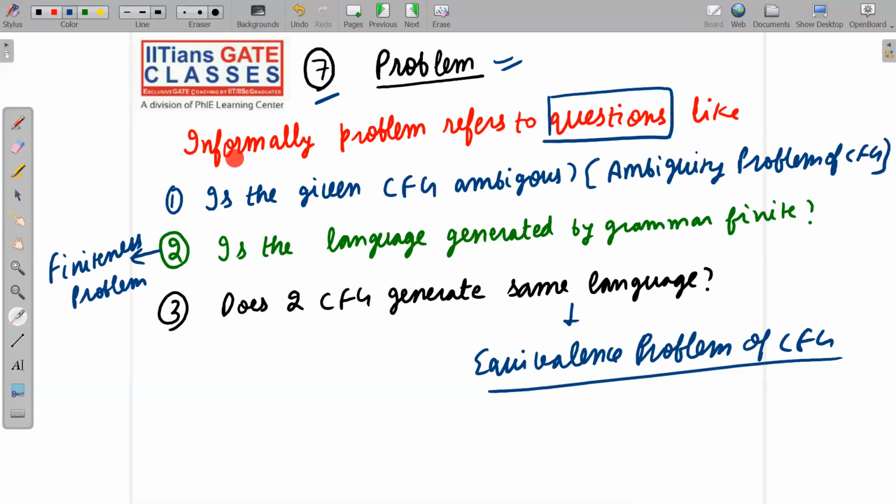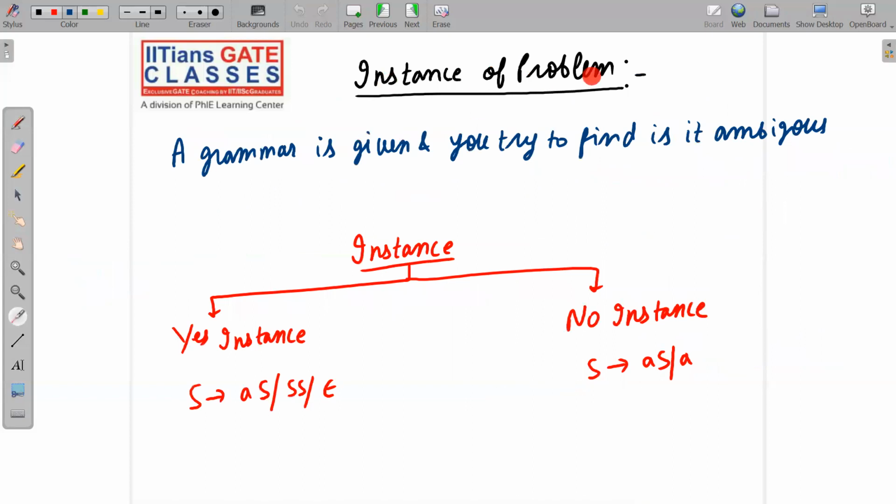I hope you have got the idea. Problem means what? Informally, I'm not going into formal details. It refers to questions, like, is the given CFG ambiguous and so on. Please note it down carefully. Next definition is instance of a problem. An instance is what? A grammar is given and you try to find whether it is ambiguous or not. These are general things. Now, if I take the ambiguity problem of CFG, I give you a grammar and ask, is it ambiguous or not?